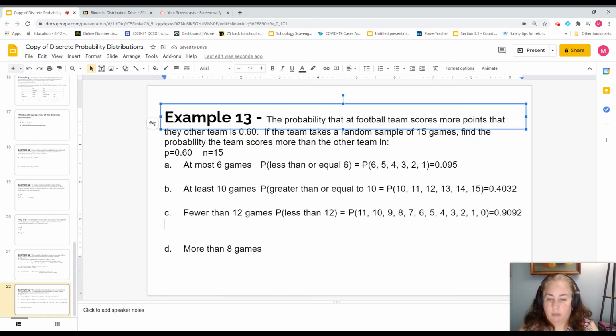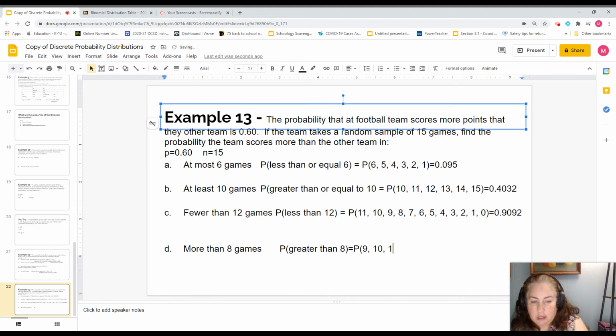All right, now more than 8 would be greater than 8, which would include what numbers? That would include the numbers 9, 10, 11, 12, 13, 14, and 15. All right, so that's going to be a whole bunch of numbers. So still the same N, still the same P, and we need to look up 9 through 15.